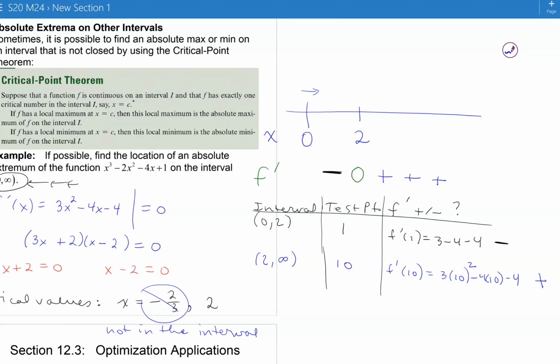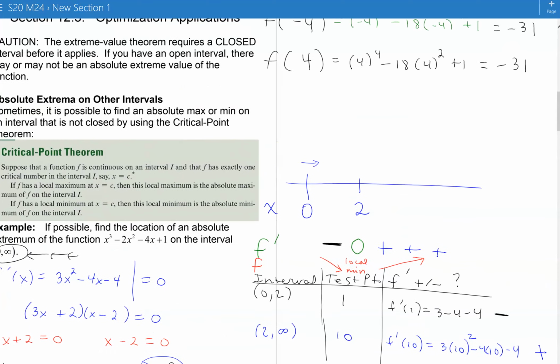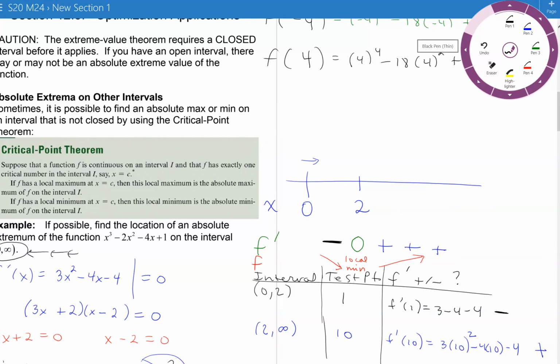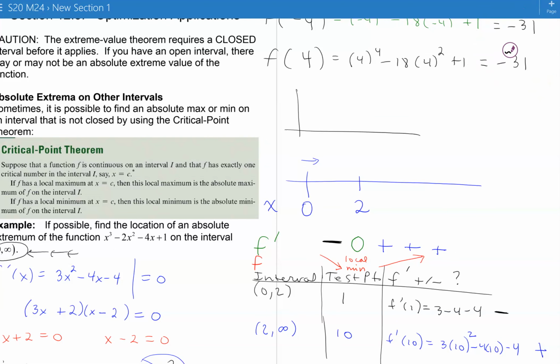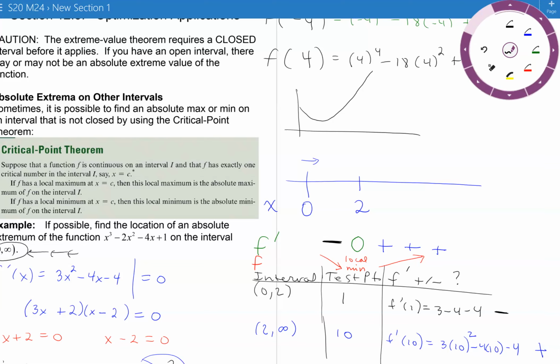So the first derivative never changes anymore as x gets larger and larger. So let's see what that tells us about our function. So our function is decreasing, then it gets to a local min and then increases. So whatever our function is doing, it's coming down to a local min, and then it's increasing everywhere after that.